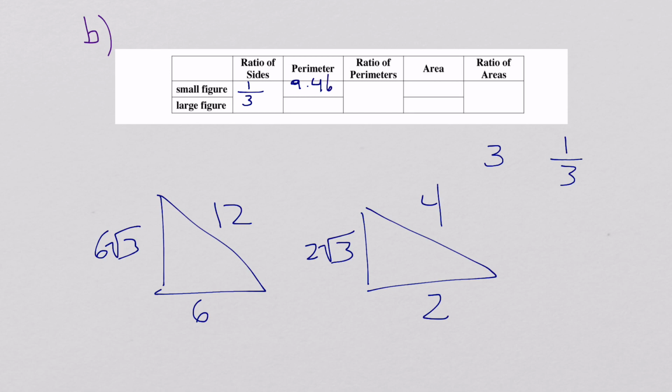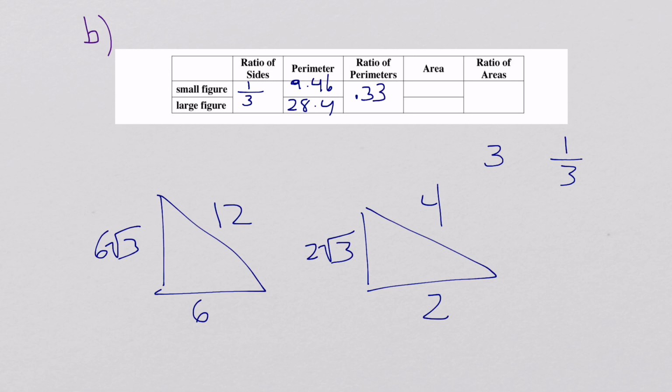Let's try the bigger figure. 6 root 3 plus 12 plus 6 is about 28.4. Our ratio of the perimeters is 9.46 divided by 28.4. You can't really simplify it because they're decimals. You get about 0.33.